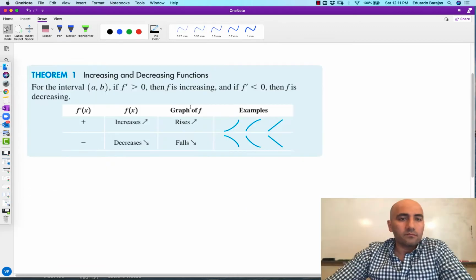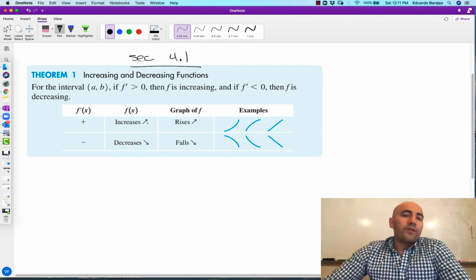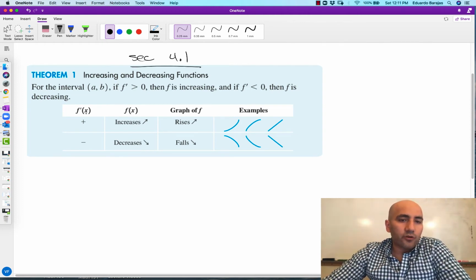Now, let me remind you that in the previous section, section 4.1, we noted that when the first derivative is positive, that indicated that the underlying function was increasing. And we noted that when the first derivative is negative, that meant the underlying function was decreasing on that interval, right?